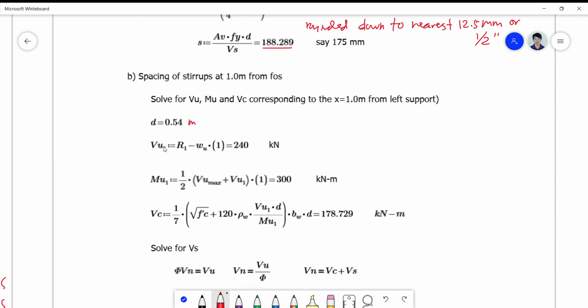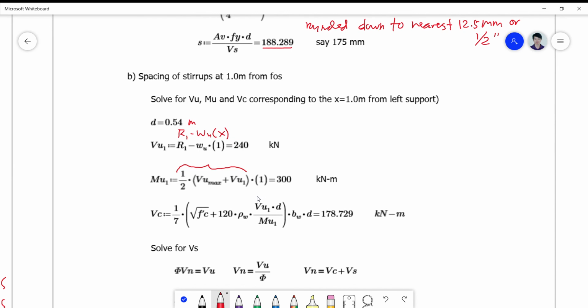And solving for Vu at 1 meter, the formula is the same, R1 minus wu x, where x is equal to 1, which is 240 kilonewton. For the moment, again, we simply get the area of the trapezoid, which is 1/2 of the sum of Vu max plus Vu at 1 meter multiplied by the distance from the left support, which is 1 meter, obtaining a value of 300 kilonewton meter.